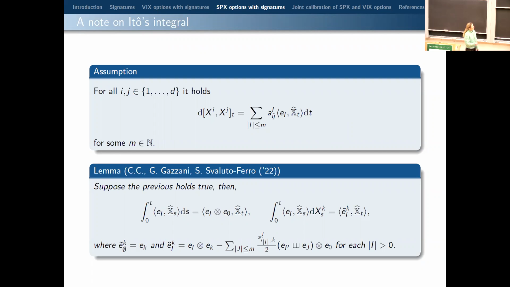And also if you consider the E2 integral here, then you can also write it as a linear function of the signature, where this E tilde has a certain expression coming with this quadratic variation.